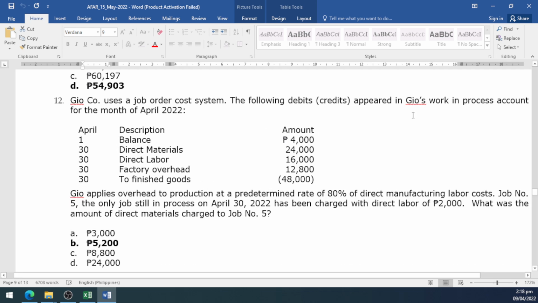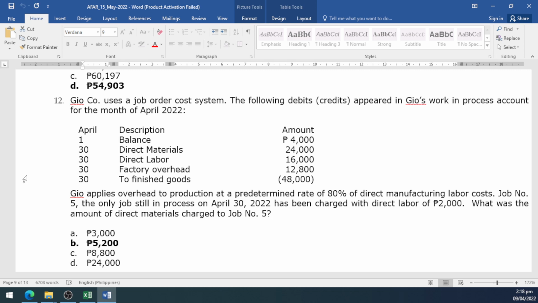GU company uses a job order cost system. The following debits and credits appeared in the work in process account. So balance of 4,000, then 24,000 for materials, 16,000 for labor, 12,800 for overhead, and then to finished goods, 48,000.